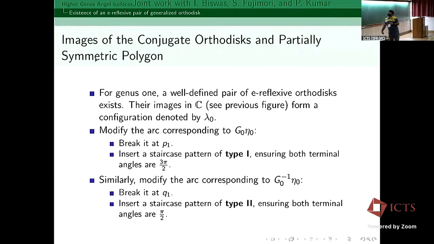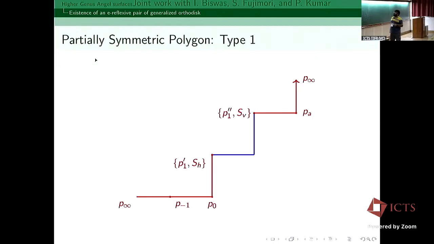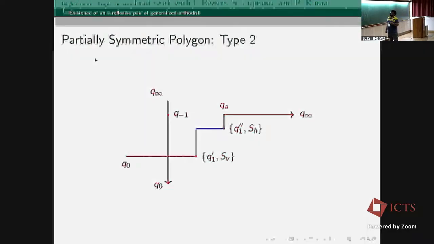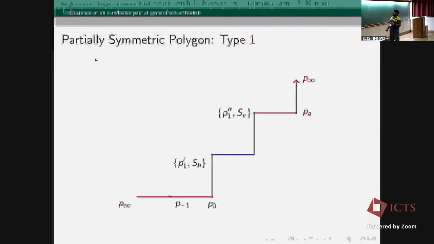Now, we already had an irreflexive orthodisk for genus 1. We denoted it by lambda naught, and we had the picture. So what do we do? We break the picture at P1 and add the staircases like this. For higher genus, you can add two such blocks, keeping the end parts fixed.